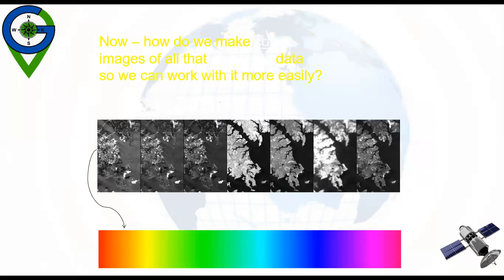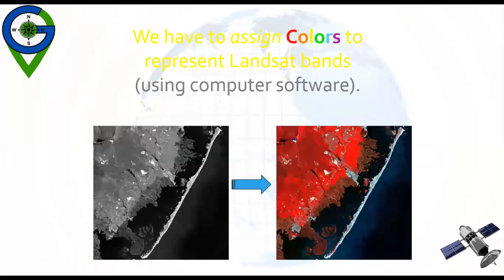Now, how do we make use of the images of all the data so we can work with them more easily? We have combined all these 7 bands and made the FCC, that is, the false color composite of the image, by combining all the 7 bands.